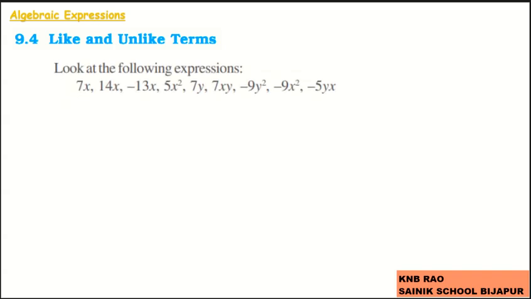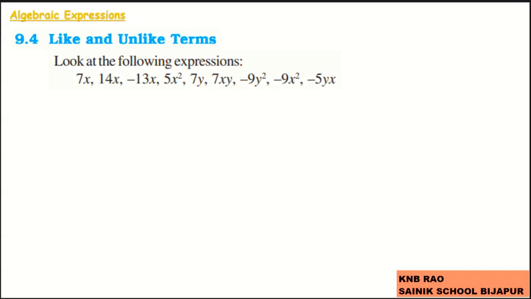Now, coming to the important topic called like and unlike terms. Children, this is a new topic, but still you have learnt this in 6th and 7th. To make you recollect, here I am giving you one task of thinking. Look at these algebraic expressions.